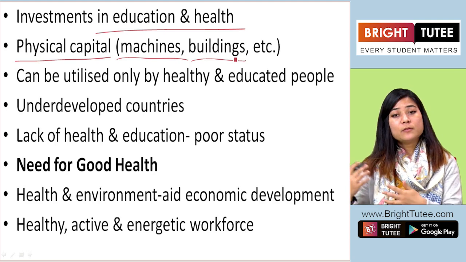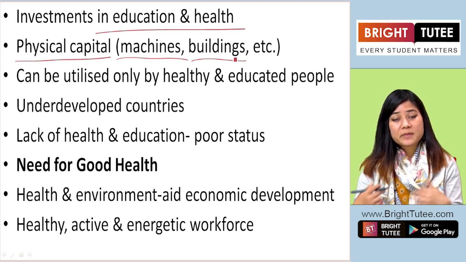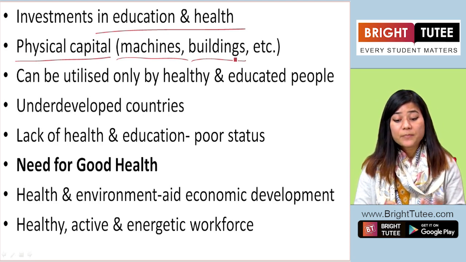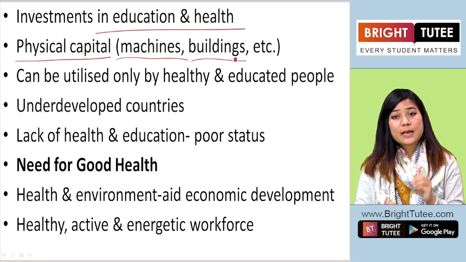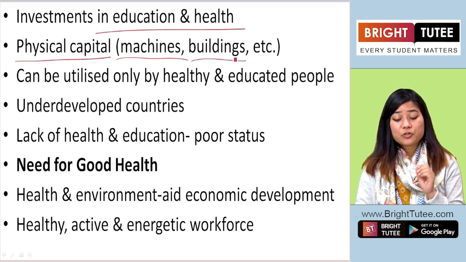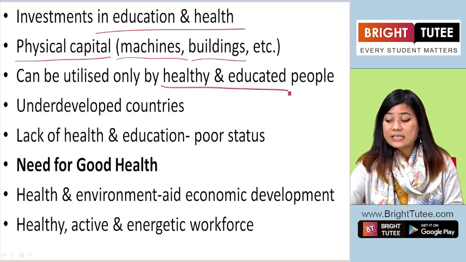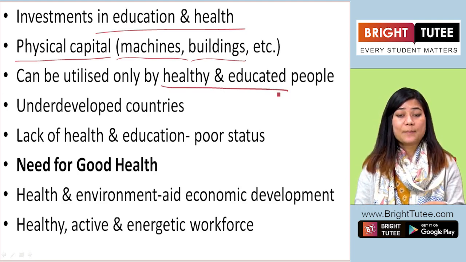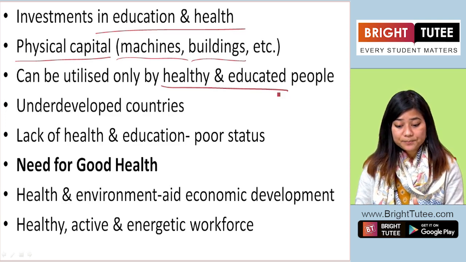Where people go to work to make production, distribution and exchange of goods and services. Only these physical capitals can be utilized when the human beings are healthy and educated. Without them being healthy and educated, the physical capitals can go to waste.